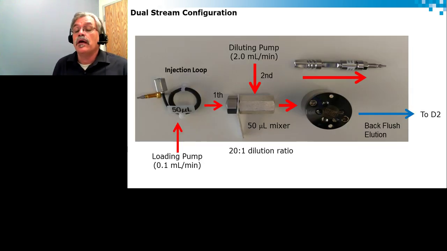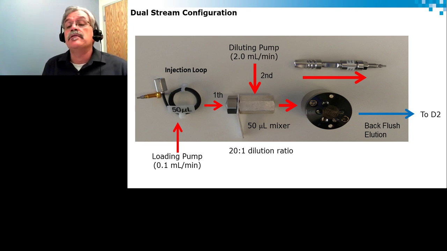Now here, instead of using what we call a single stream loading, we're going to use what we call a dual stream. We will add a dilution factor into it, meaning that on the left side, you're going to see your injection loop. That's actually where you would put your extract.